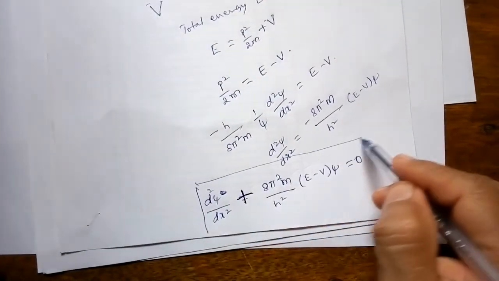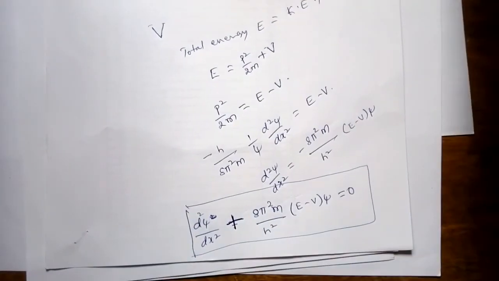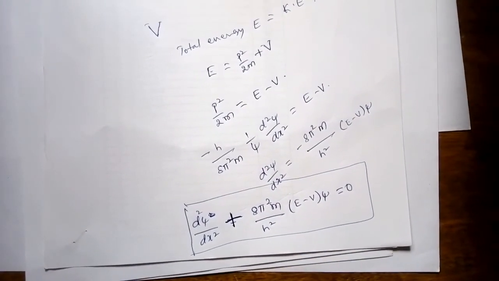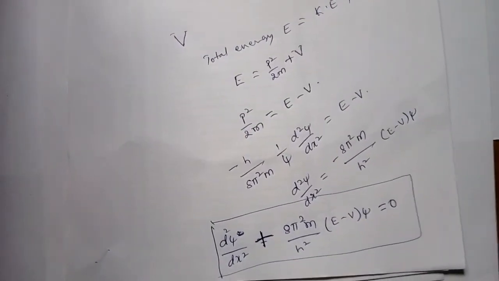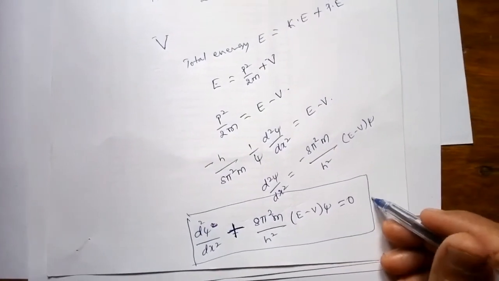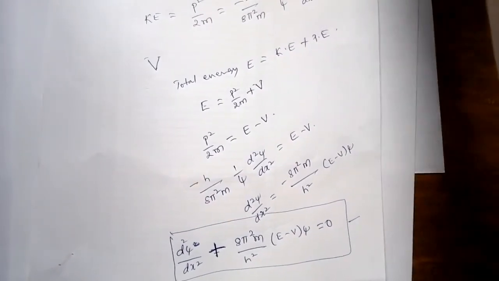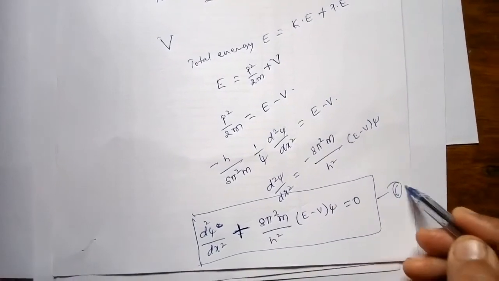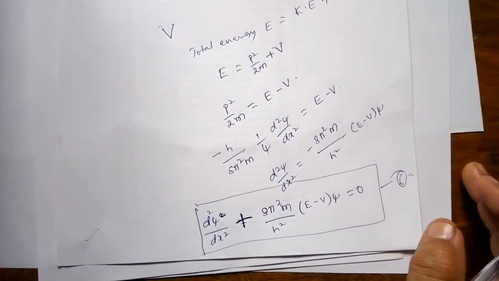So this is the desired Schrodinger wave equation. This is the time independent Schrodinger wave equation. Let me call this equation 6.